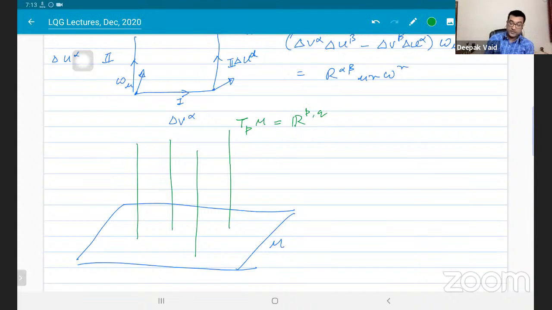So if you're working in space-time, your tangent space would be R^(3,1). Let me just keep it simple at R^(3,1).